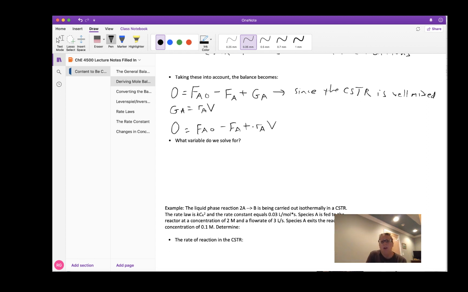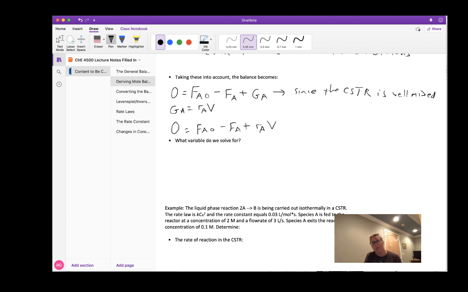So typically when we write a balance, we're trying to solve for something. So there's two variables here really. One is, assuming that the rate is known and we have an expression for the rate, the exit flow rate of A. So what that would tell us is how much A reacted in the reactor by how much is coming out. The other one is the volume. So we're either going to know one or the other.